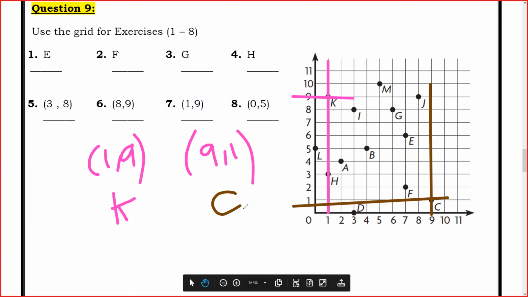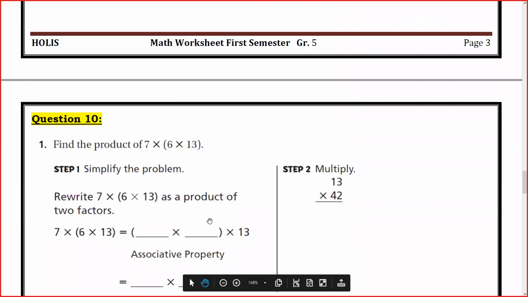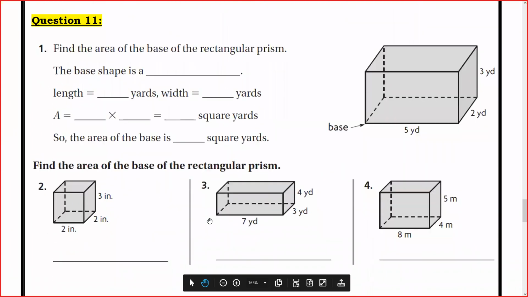Yeah, let's go now. This one, we solved it already. This one here. Now, find the area of the base of the rectangular prism. Did you remember this? Right. Now, look at this shape here. What is the shape of the base?